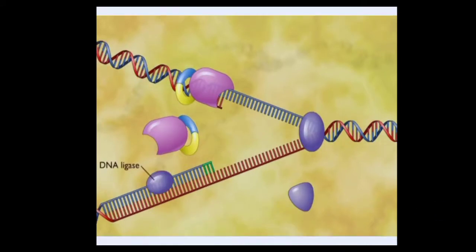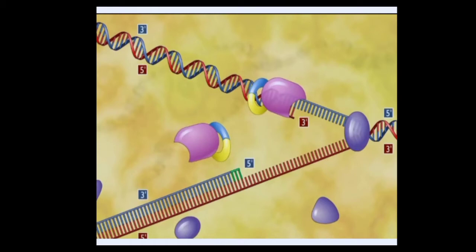DNA ligase then attaches and forms a phosphodiester bond in the DNA. As the DNA further unwinds, new primers are made and DNA polymerase III jumps ahead to begin synthesizing another Okazaki fragment. For simplicity, DNA polymerase III has been pictured as separate units, one acting on the leading strand and the other acting on the lagging strand.